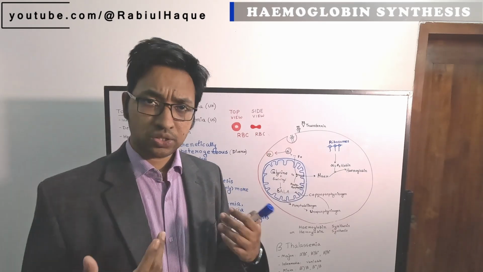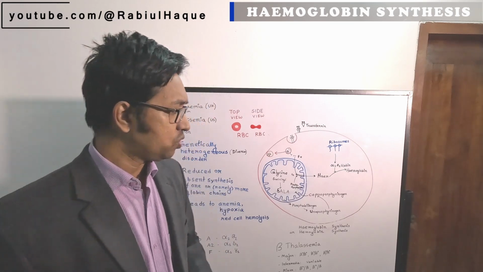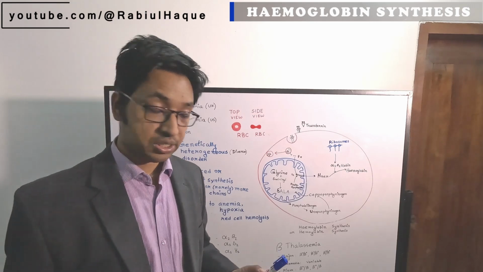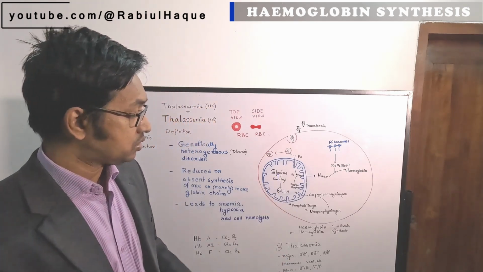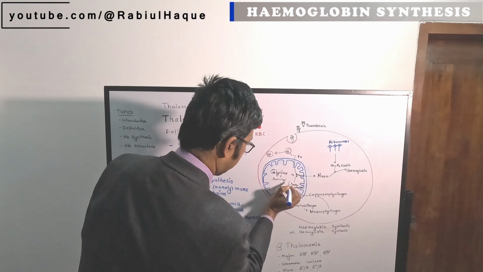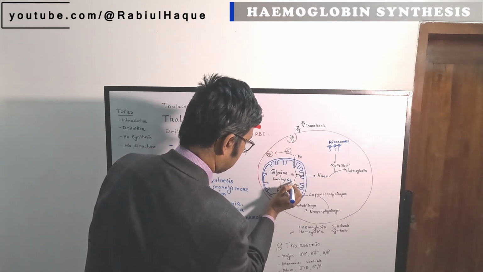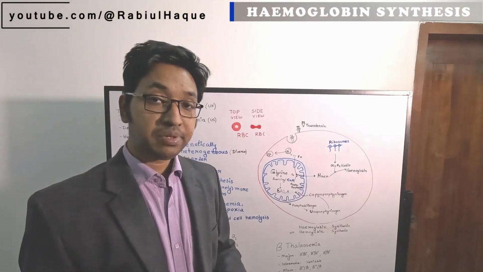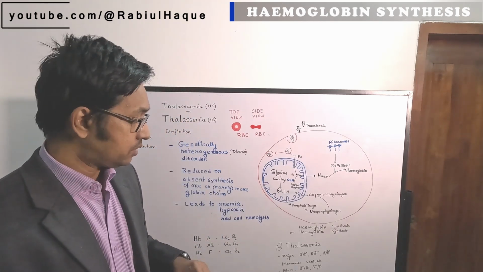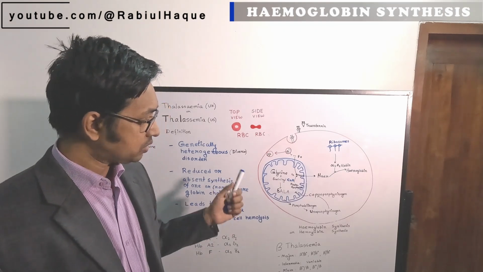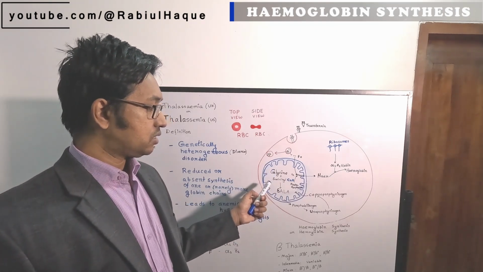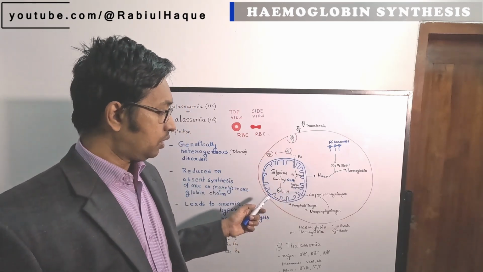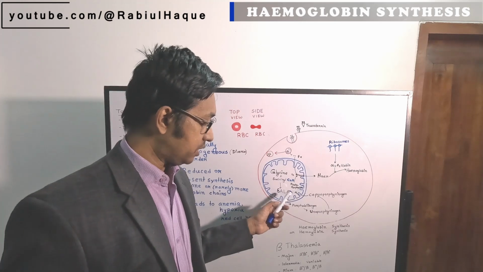In those precursor cells, inside the mitochondria there is condensation of glycine with succinyl coenzyme A. And in this reaction, vitamin B6 acts as a coenzyme. So glycine and succinyl coenzyme A are condensing to form delta aminolevulinic acid.